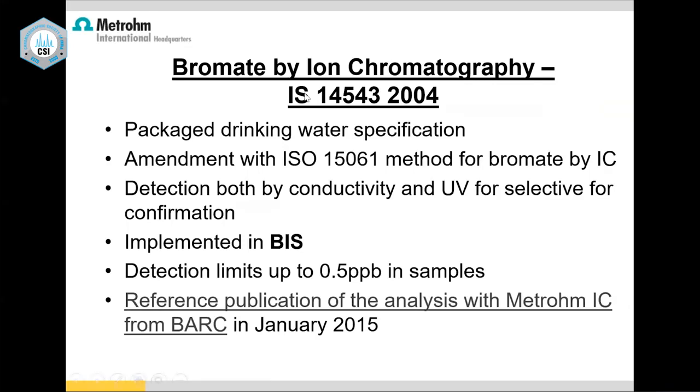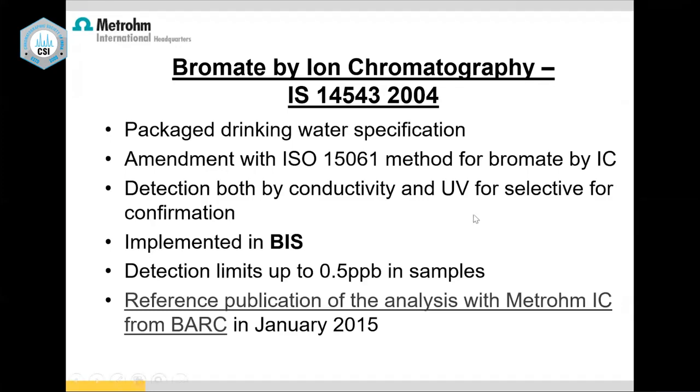With respect to bromate, in our country BIS has modified the 14543 norm, where they have included IC. This is because BRC raised an alarm that 27% of packaged drinking water available in Bombay has more than 10 ppb bromate.